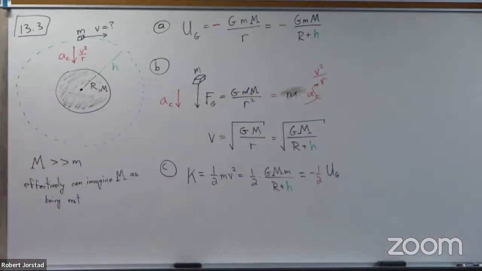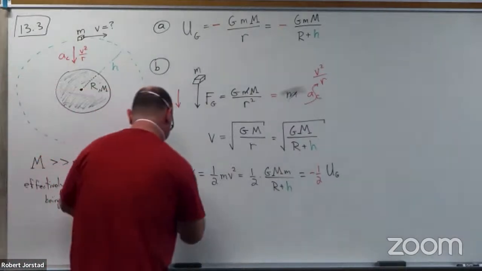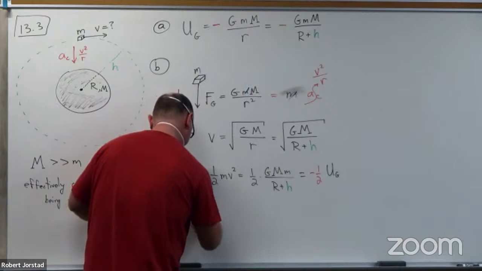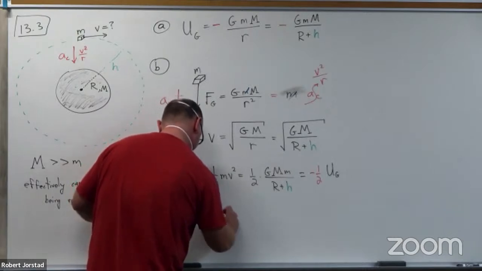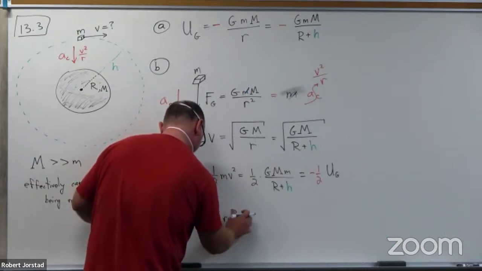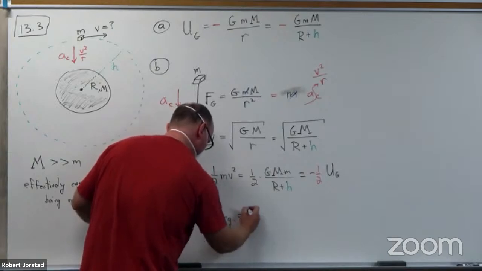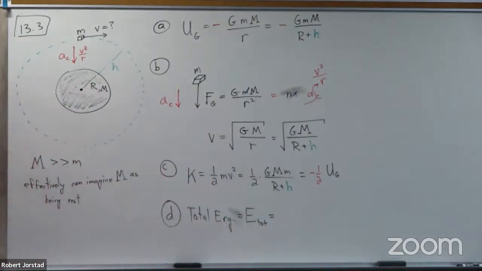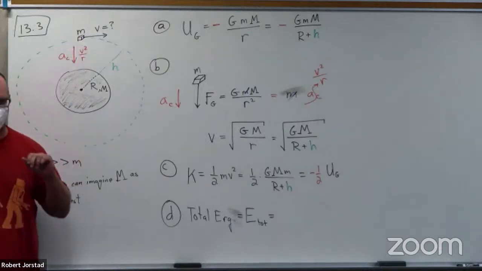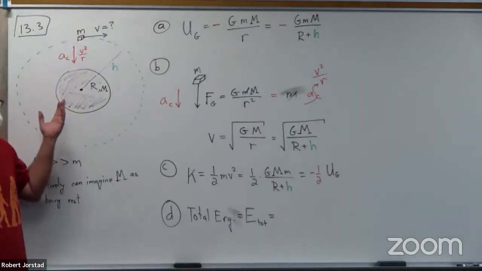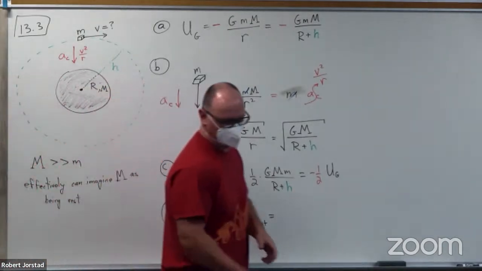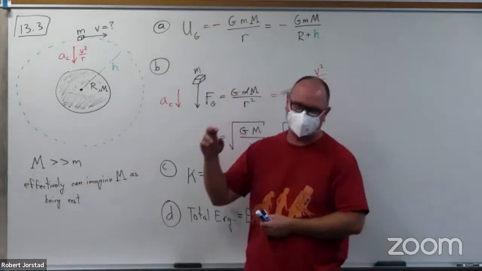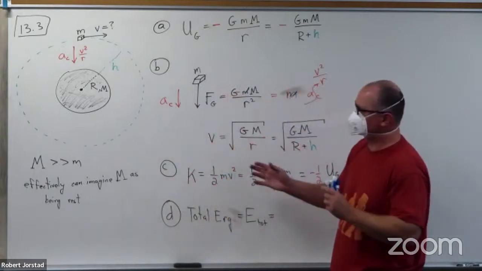Part D. What about the total energy? Let's call that E total. In this case, to be clear, the satellite doesn't have all of the energy, but the satellite is the only thing that we're seeing move. So oftentimes we say the satellite has the potential energy, but in reality, it's shared.